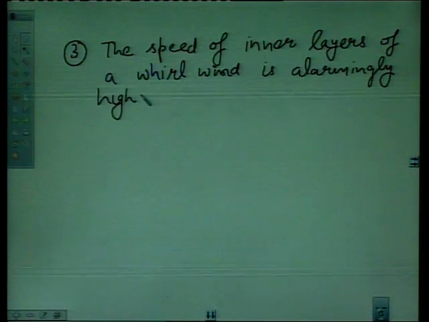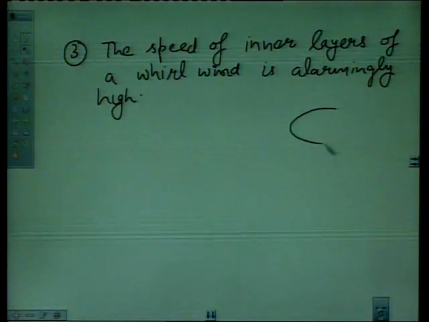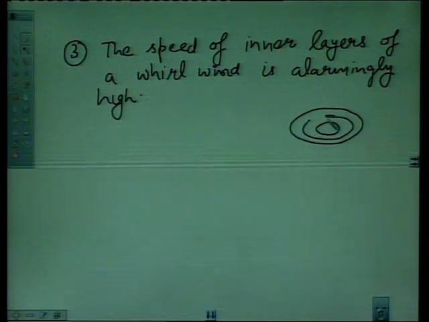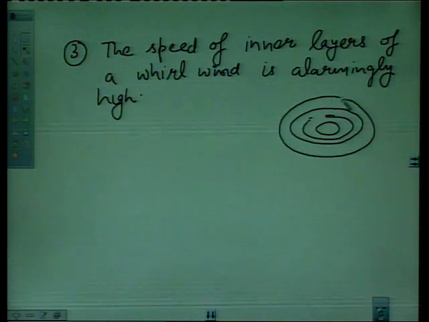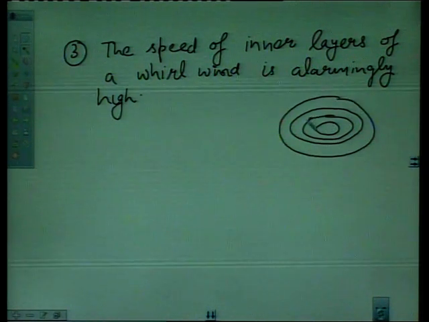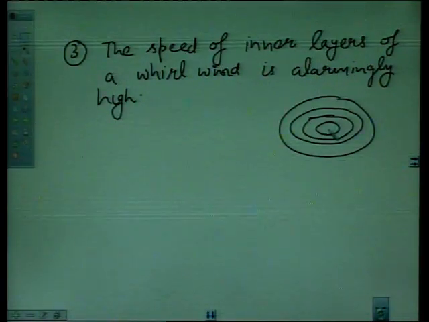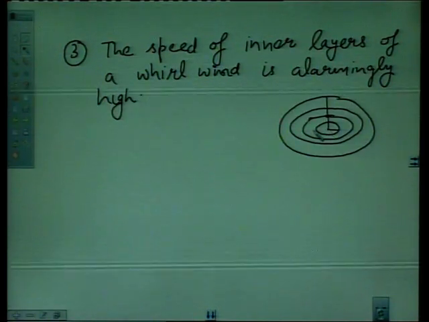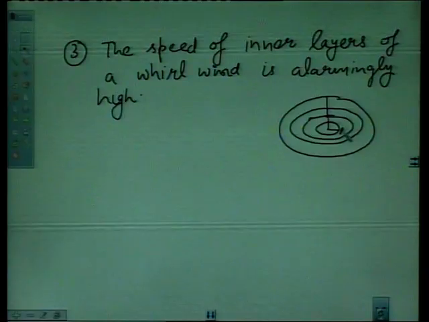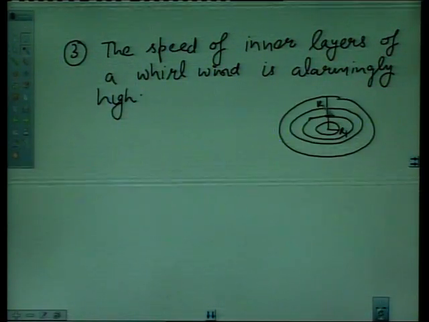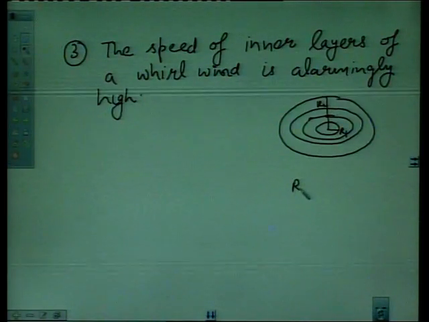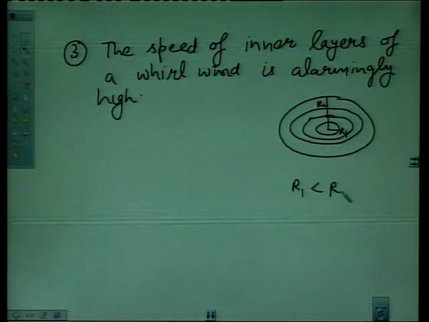So, we can draw a diagram. Suppose we have a whirlwind which has concentric layers of air. So, we can say that this is the inner layer and this is the outermost layer. If we compare the innermost layer with the outermost layer, the radius of the innermost layer is R1 and of the outermost layer is R2. So, R1 is less than R2.